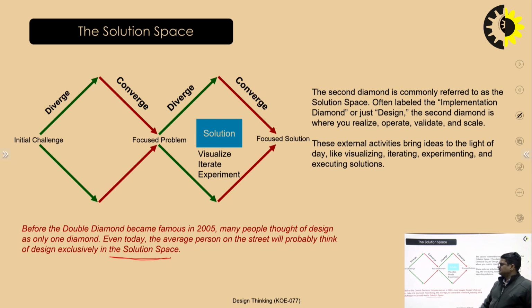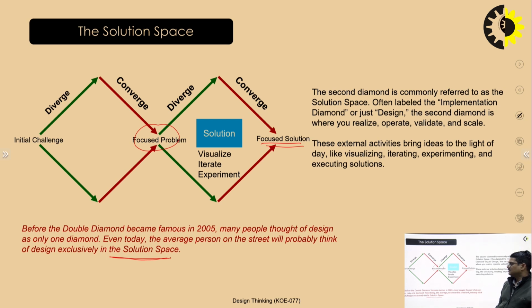Most of us get stuck with one particular problem, thinking it is the focus problem for our case, and we try to find solutions based on multiple parameters, and we try to get the focus solution. All the engineers, or all the students studying engineering, are mostly working in this second diamond of the double diamond.